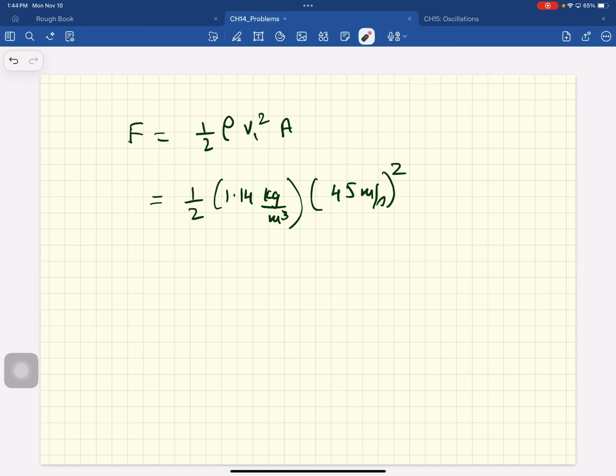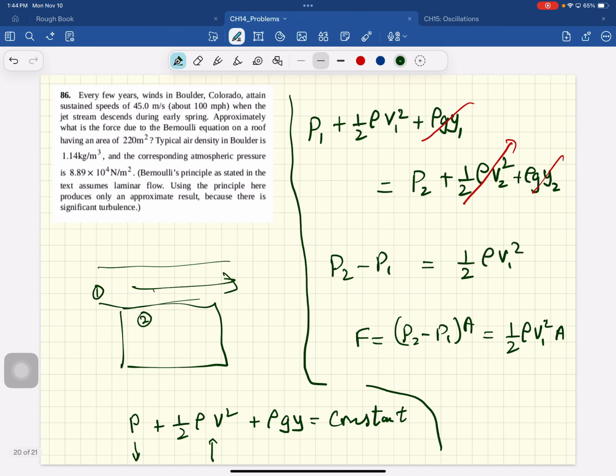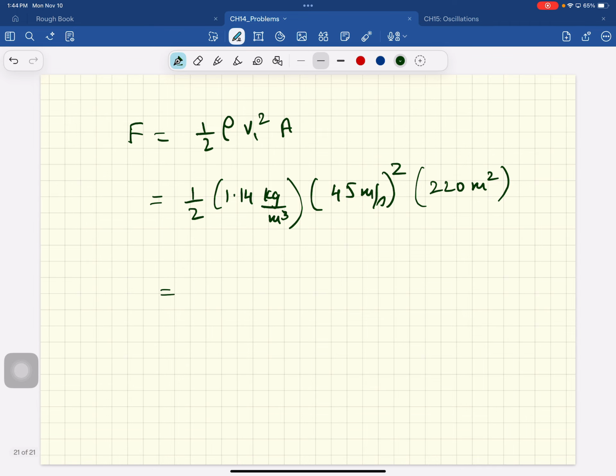And the area is 220 meters square. This gives roughly 253,000 newtons.